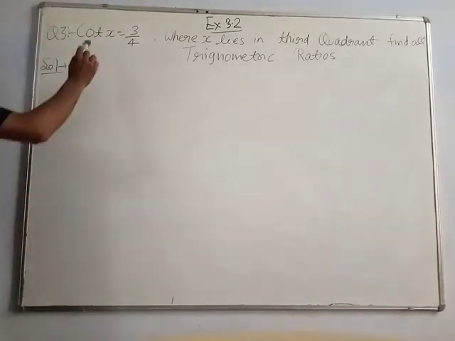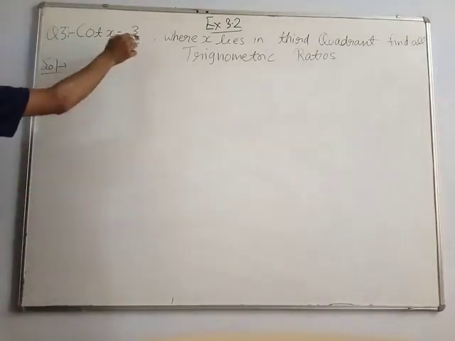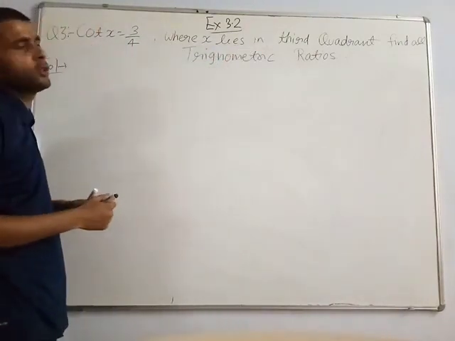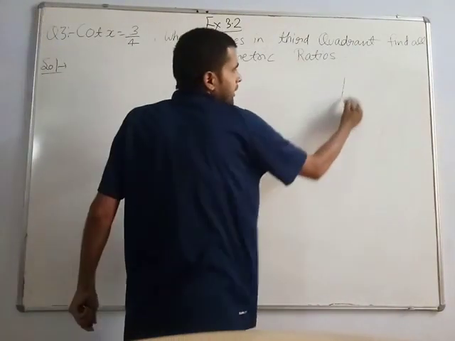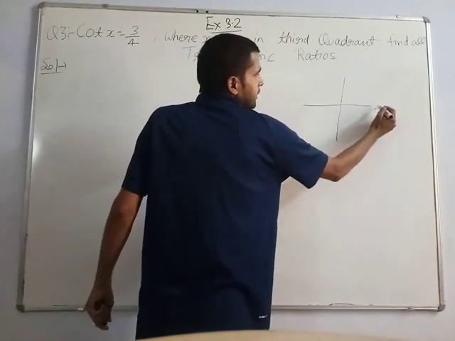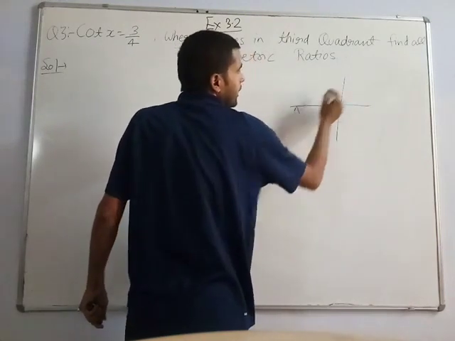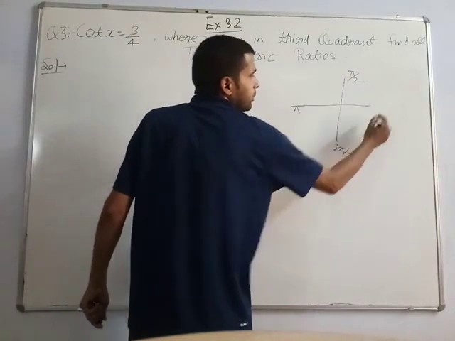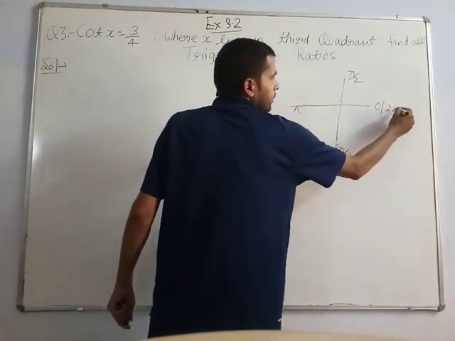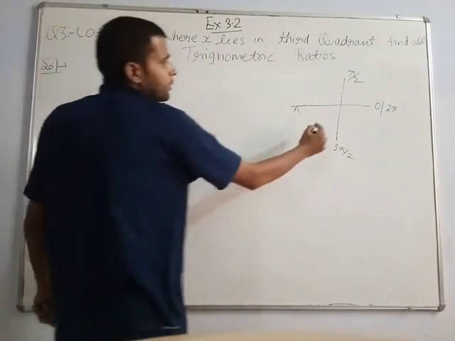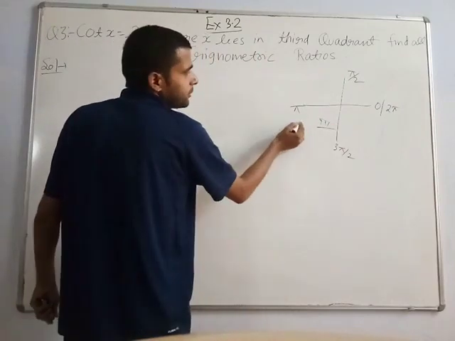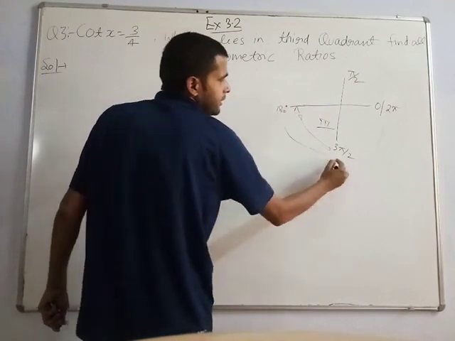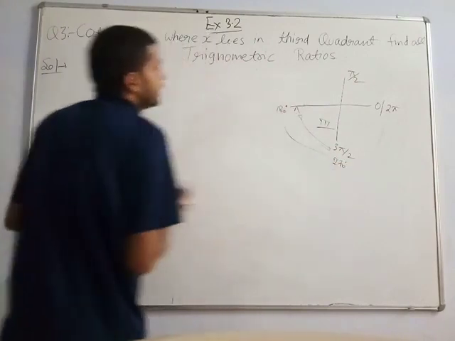Then question number three. Cot x equals 3 upon 4, where x lies in the third quadrant, find all trigonometric ratios. In the third quadrant, between pi upon 2, 3 pi upon 2, 0 and 2 pi. This is the third quadrant, which lies between pi and 3 pi upon 2, meaning 180 and 270 degrees.